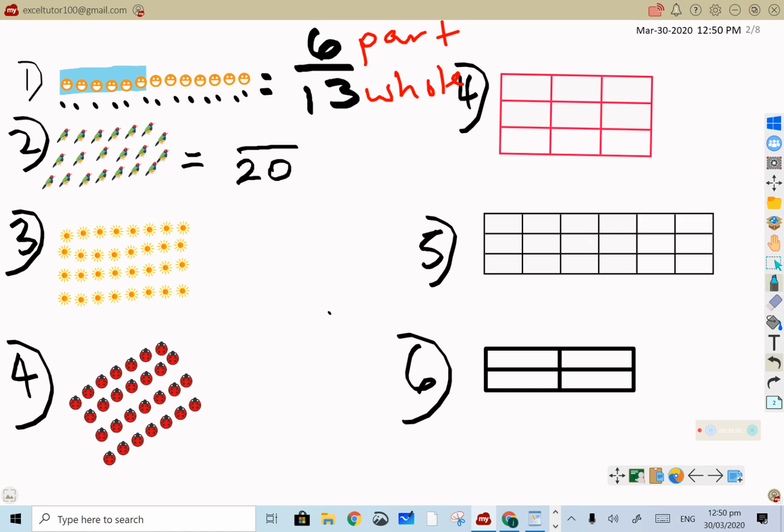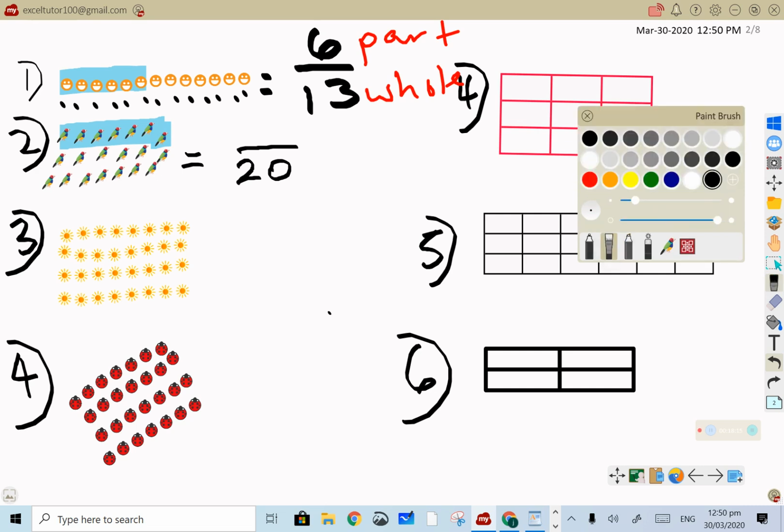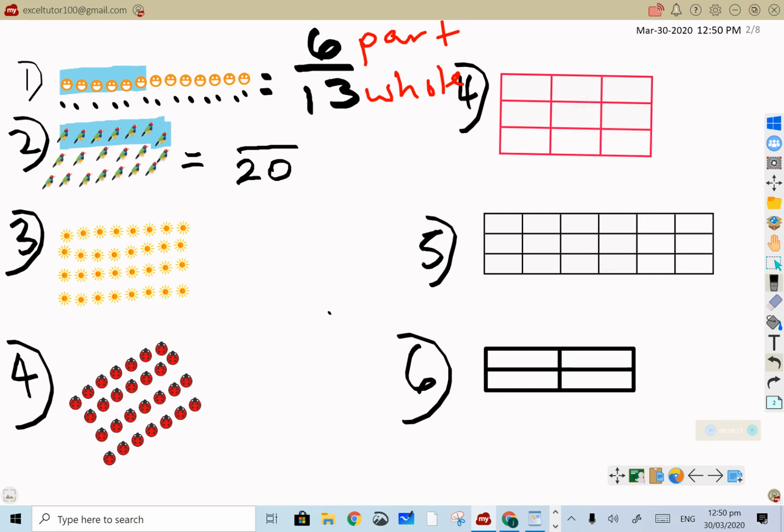So the total or the whole would be our denominator. And if we were asked to indicate how much was shaded, of course we would have to count how much was shaded. 1, 2, 3, 4, 5, 6, 7. So 7 was shaded. Therefore, our numerator would be 7.